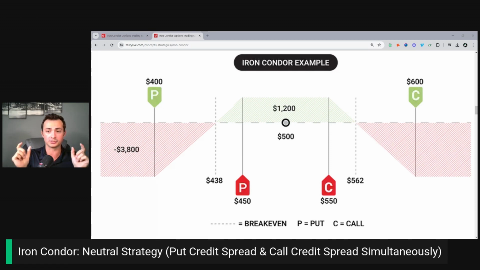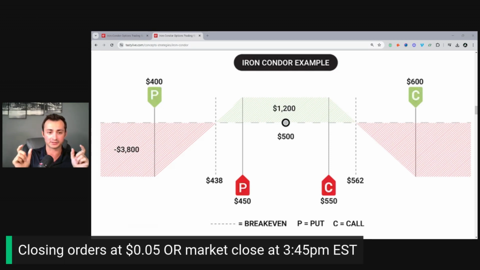I'm going to set a closing order at 5 cents for my put credit spread, and another closing order for my call credit spread at 5 cents. That way, when the market opens tomorrow, if things are going well for either leg of this Iron Condor, that position is going to close. And then I'm only going to have half of my Iron Condor still open.